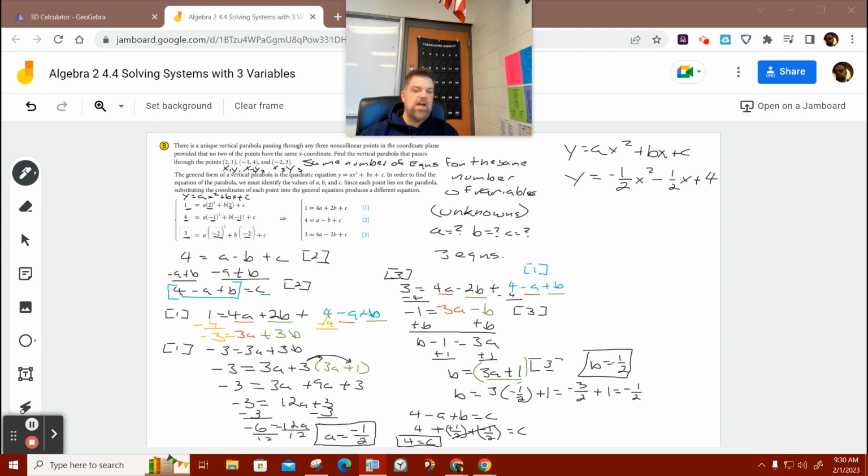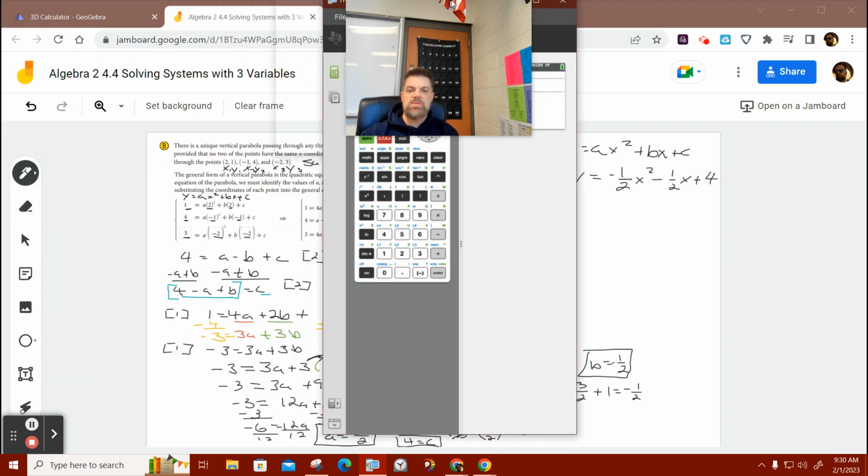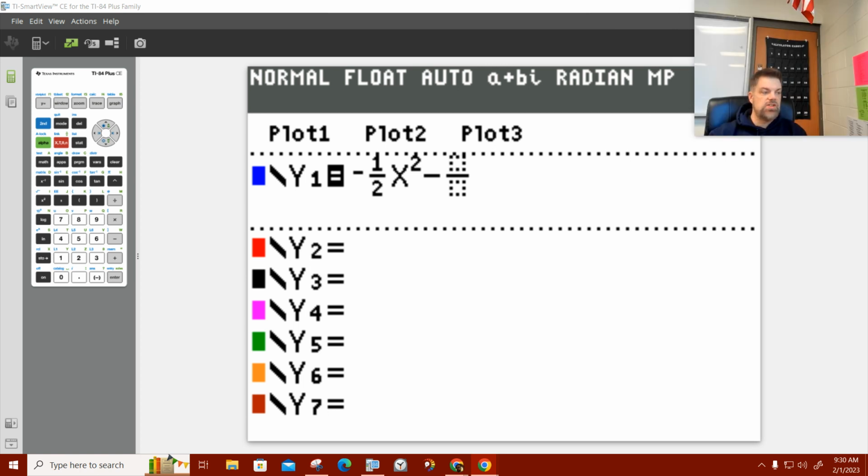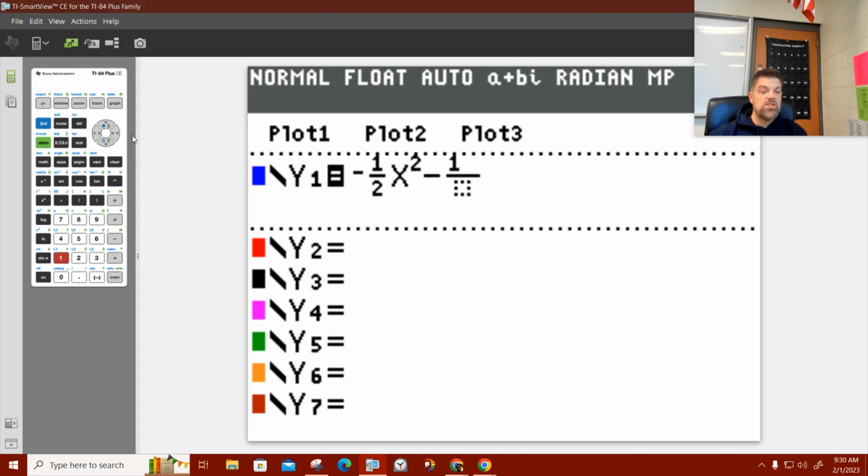All right, do you guys have that copied down yet or no? All right. I'm almost done. I'm going to move this back over here so you guys can see it. So the only thing I'm doing is plugging in the equation, okay? So it's negative 1/2 x squared minus 1 over 2.